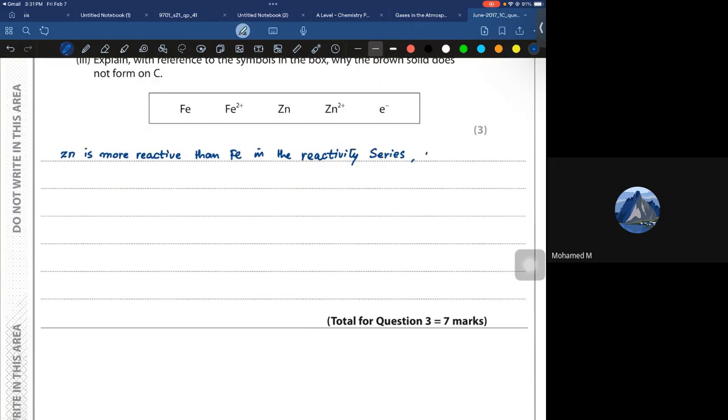So zinc loses 2 electrons to form Zn2+, which prevents iron from losing electrons.